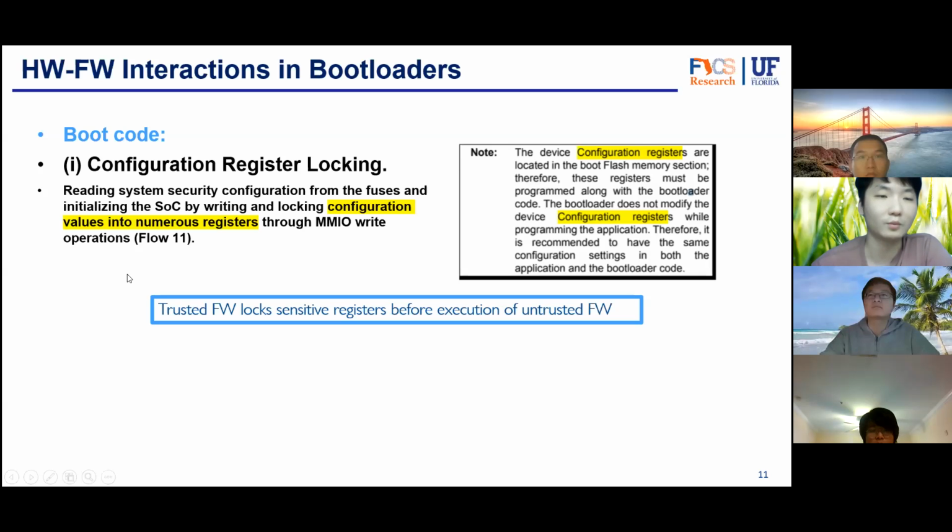Boot code helps to read the system security configuration from the fuses and initialize the SoC by writing and locking configuration values into numerous registers, and these registers are called configuration registers. This implementation corresponds to trusted firmware locking sensitive registers before execution of untrusted firmware.